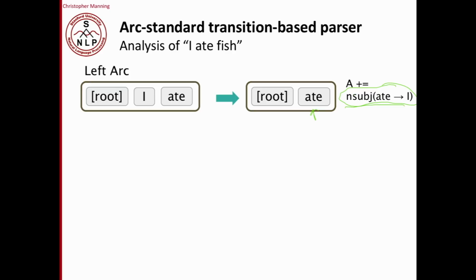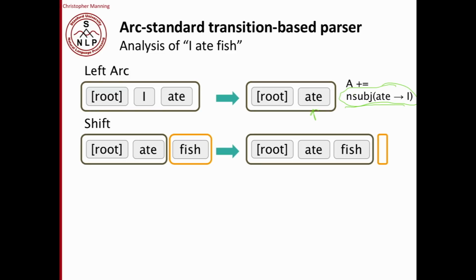Now I could immediately reduce again and say ate is a dependent of root, but my sentence is actually I ate fish. So what I want to do is say, oh, there's still fish on the buffer. So what I should first do is shift again, have root, ate, fish in my stack, and then I'll be able to say, look, I want to now build the thing on the top of the stack as a right dependent of the thing that's second from top of the stack, and that's referred to as a right arc move.